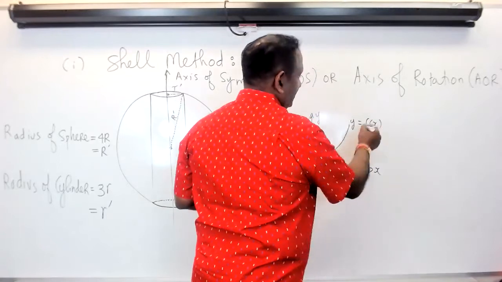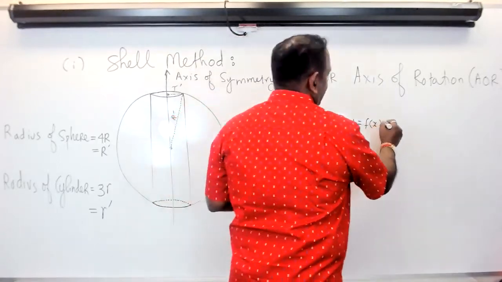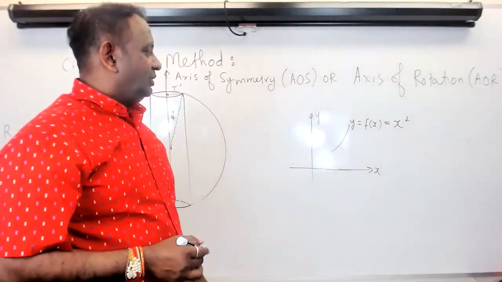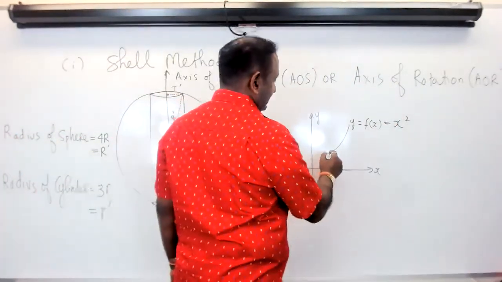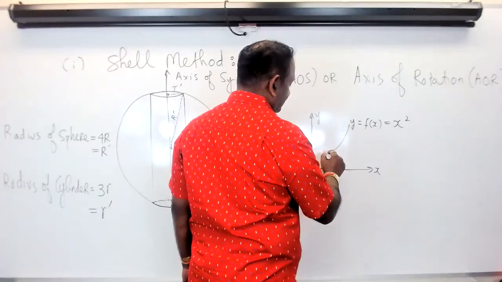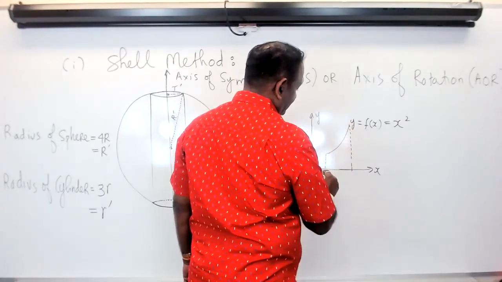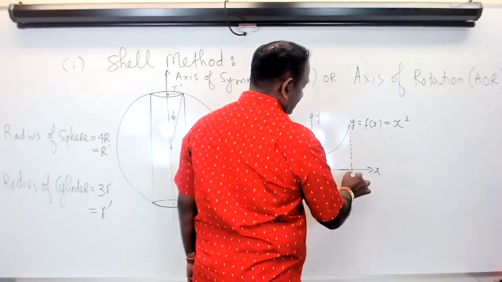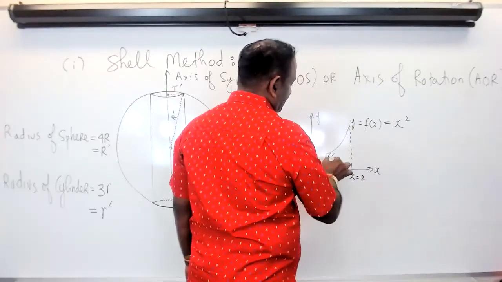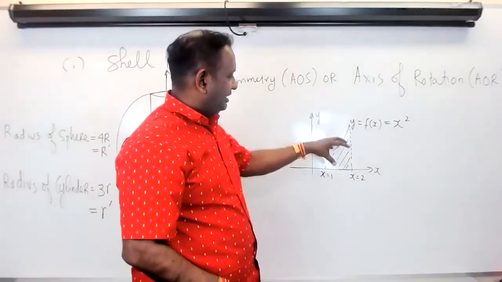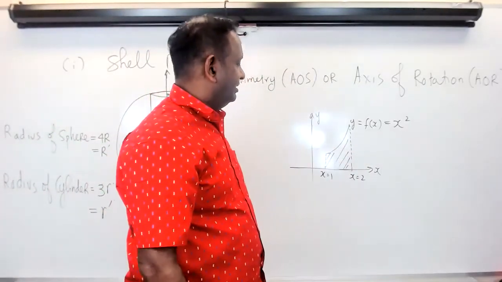Let's say, for instance, the function is x squared. They asked you to find the area under the curve from x equals 1 to x equals 2. You know how to get this done.